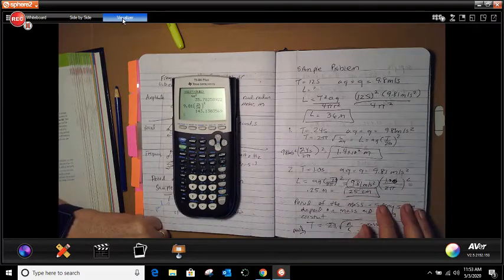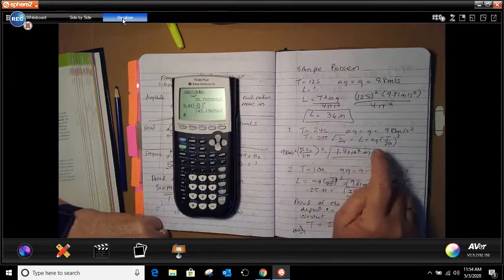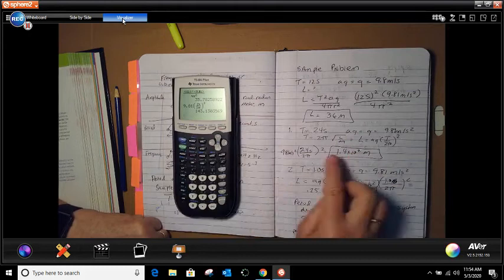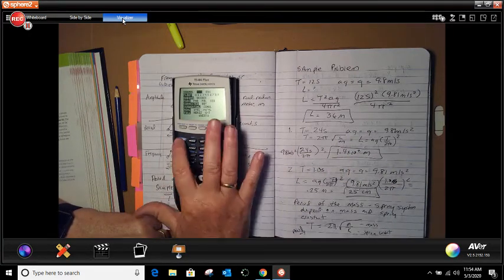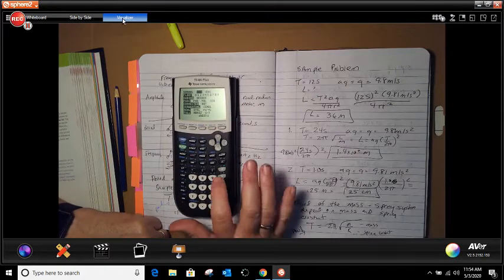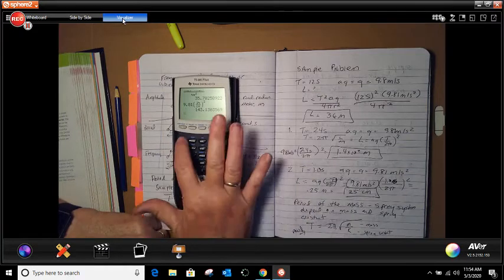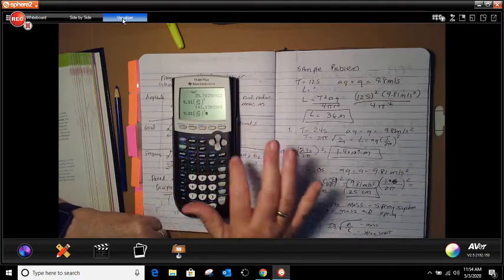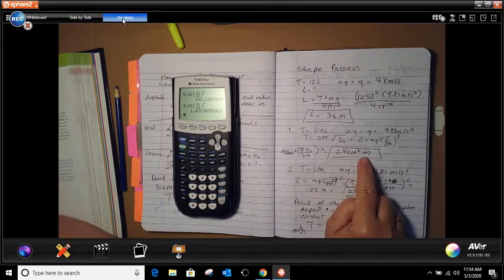And 9.81 times that, which is 143, but if I change my mode to scientific, I'm going to get 1.4 times 10 to the second.